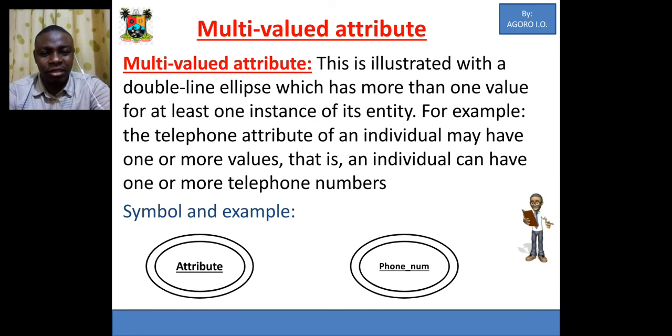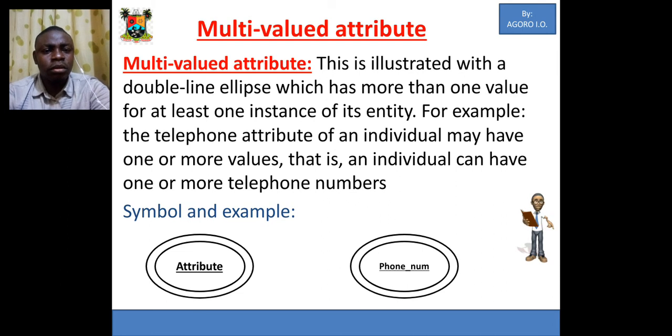For example, the telephone attribute of an individual may have one or more values. That is, an individual can have one or more telephone numbers. Yes, you can have more than one telephone number, and this is an example of a multi-valued attribute. You can see the symbol there, the attribute with a double ellipse. We use a double ellipse to represent a multi-valued attribute.